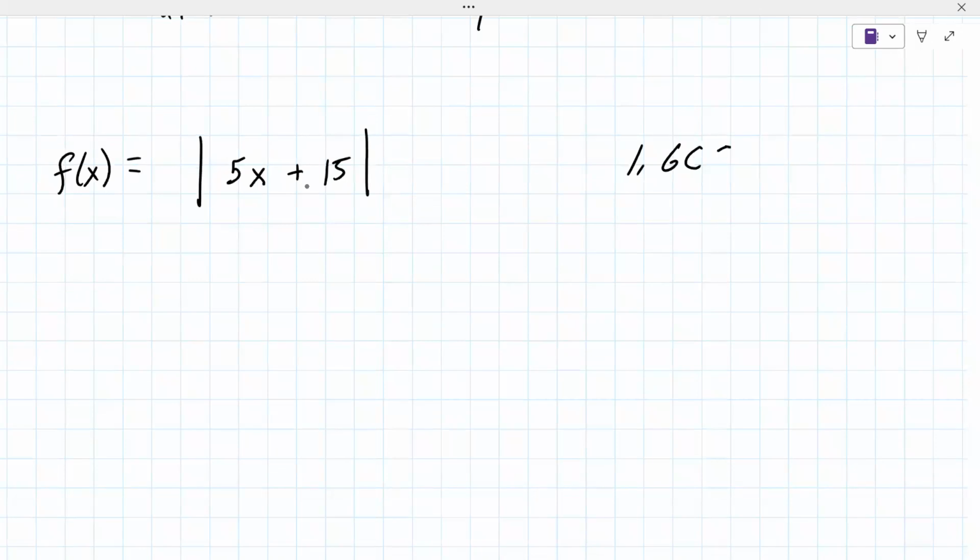Okay, so let's try another problem here, where I give you something like this. Say it's the absolute value of 5x plus 15. The expectation here is that you first look for what is called GCF, or greatest common factor factoring. Is there a number that goes into both 5x and 15? 5. So you can factor a 5 out: x plus 3.